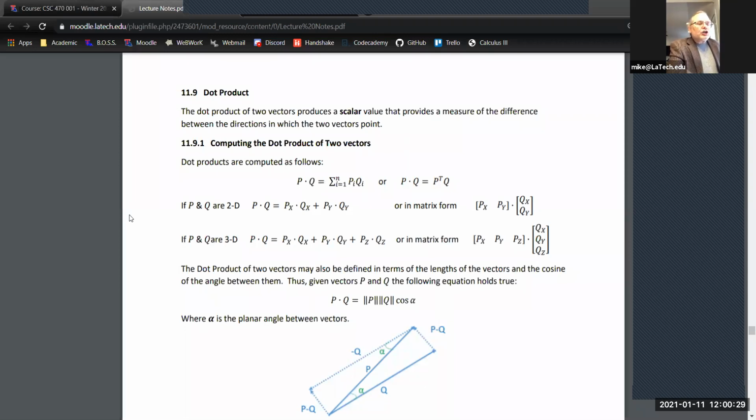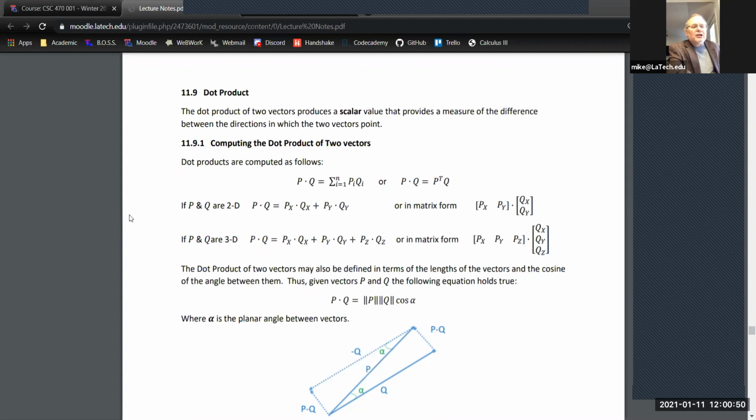Another definition of P dot Q in terms of angles is the magnitude of P times the magnitude of Q times the cosine of some angle alpha. That can be derived from what is called the law of cosines, which if you took trig, you studied.